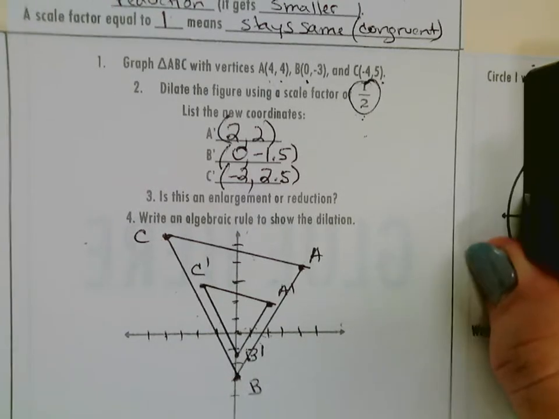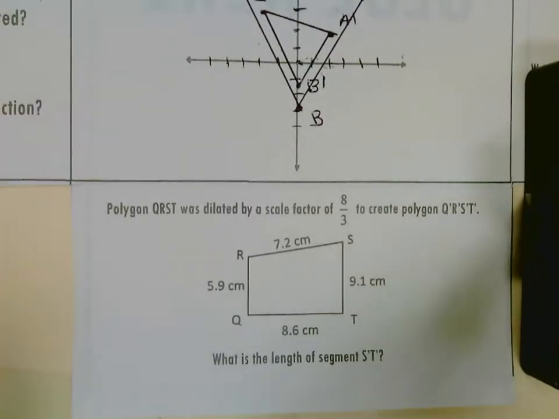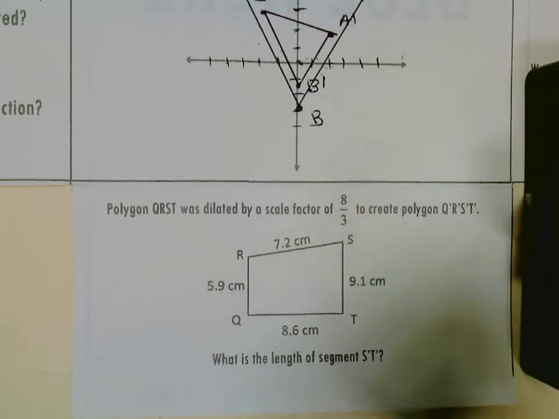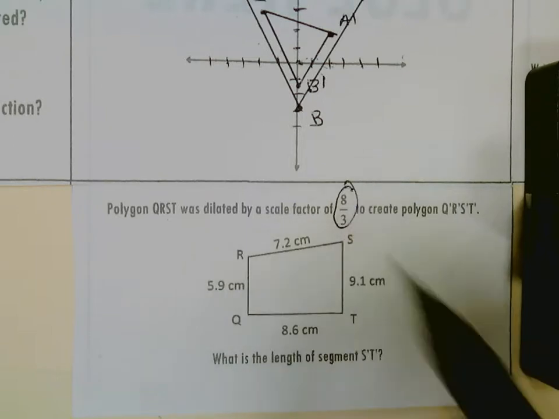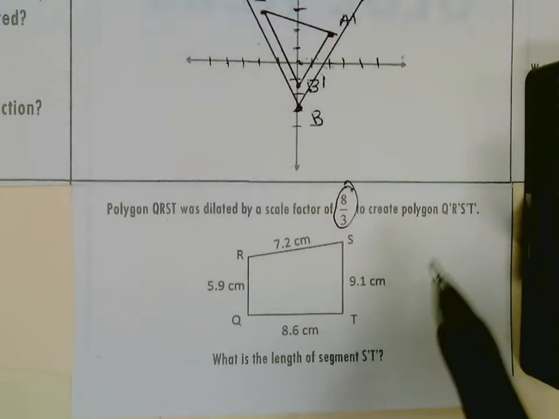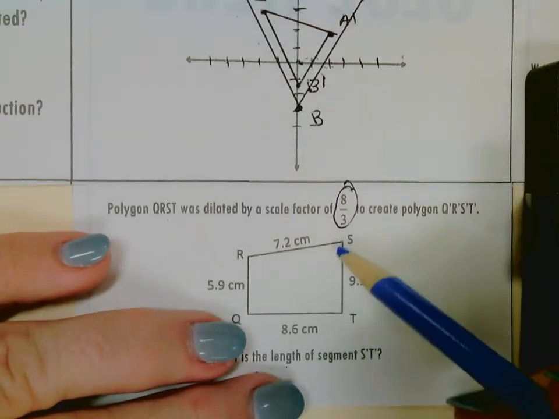Let's finish. We're not going to do the circle to the right, but we will finish off with this one. At the bottom, it's polygon QRST. The scale factor is 8/3. And it wants the length of segment S prime T prime. So ST is right here.